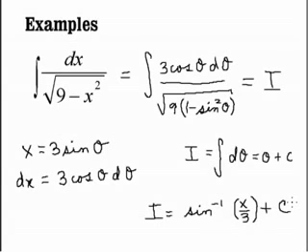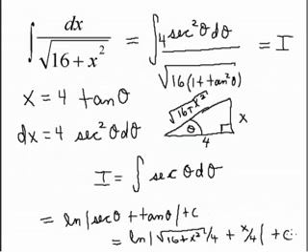The 3's cancel, and the cosine theta cancels. So I is the integral of d theta, which is just theta plus c, a constant of integration. Solving for theta using our original substitution, we get that theta equals the inverse sine of x over 3. So the integral is inverse sine x over 3 plus a constant.